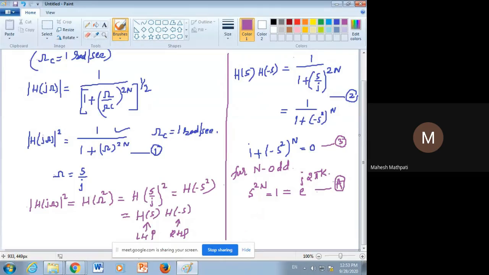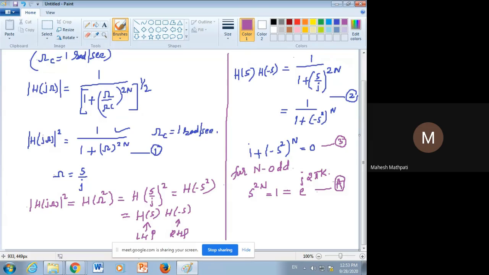Okay. Now the roots of equation 4, sorry, the roots of equation 3, right?